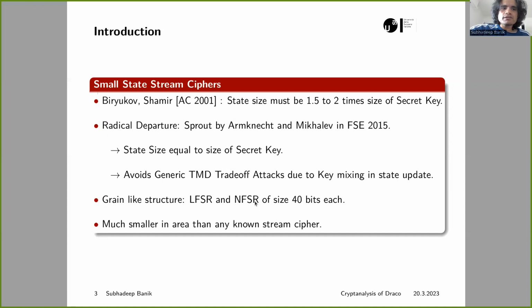This was generally accepted as the rule of thumb until FSE of 2015, in which Armknecht and Mikhalev proposed the stream cipher Sprout, whose internal state was exactly equal to the size of its secret key. Surprisingly, the cipher did not succumb to generic TMD trade-off attacks and was much smaller in area than any known stream cipher at that point because of the small state size.